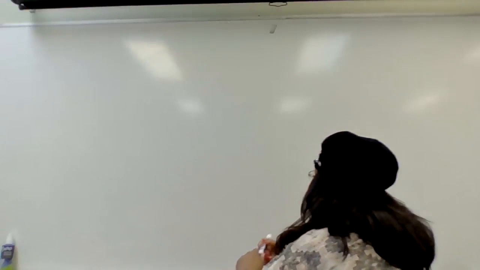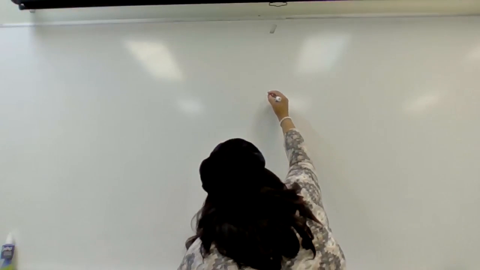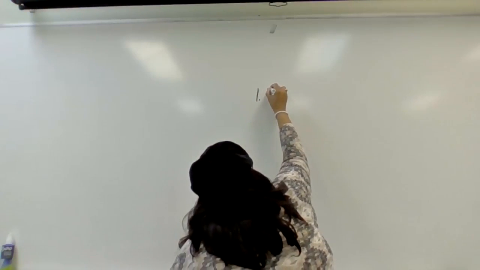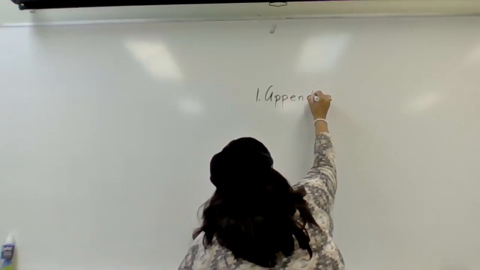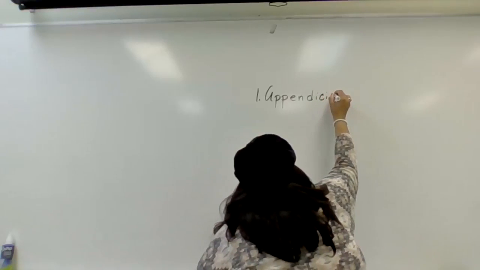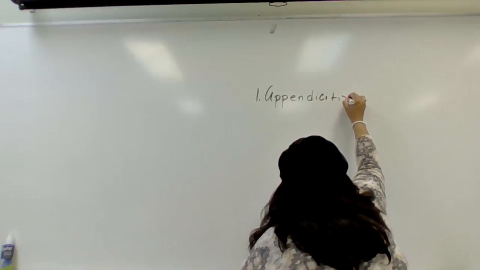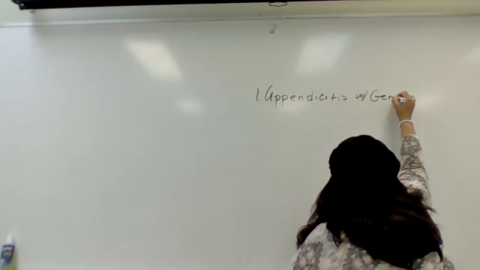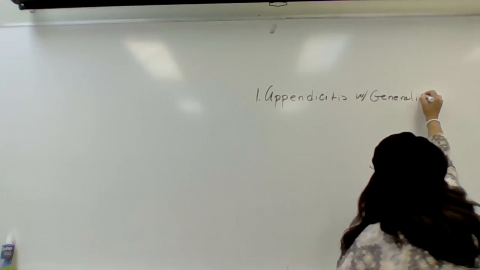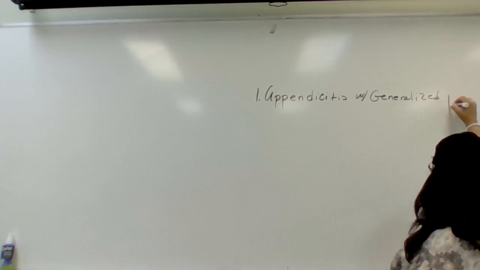Okay, so appendicitis, read that out to me, Natasha. Appendicitis, let's go with number one. How do you spell that? A-P-P-E-N-D-I-C-I-T-I-S with generalized peritonitis. Generalized, how do you spell that?